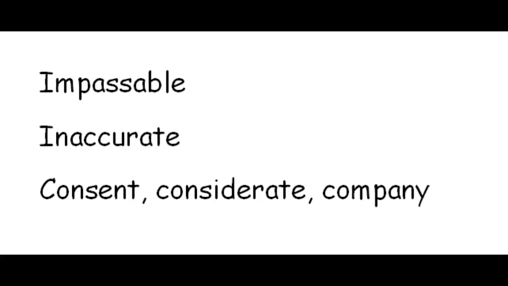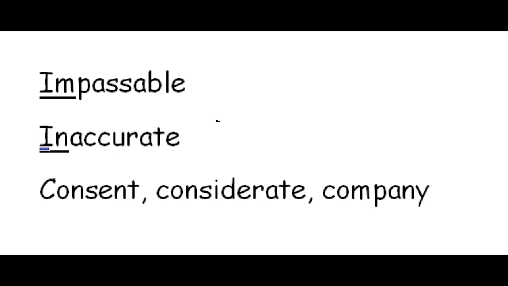All right, on your screen, the first two words are impassable and inaccurate. You can see the prefix on impassable is im, and on inaccurate, our prefix is in. When I see a word with a prefix, I think of the meaning of the prefix first, and then I put the prefix's meaning together with the base word's meaning.